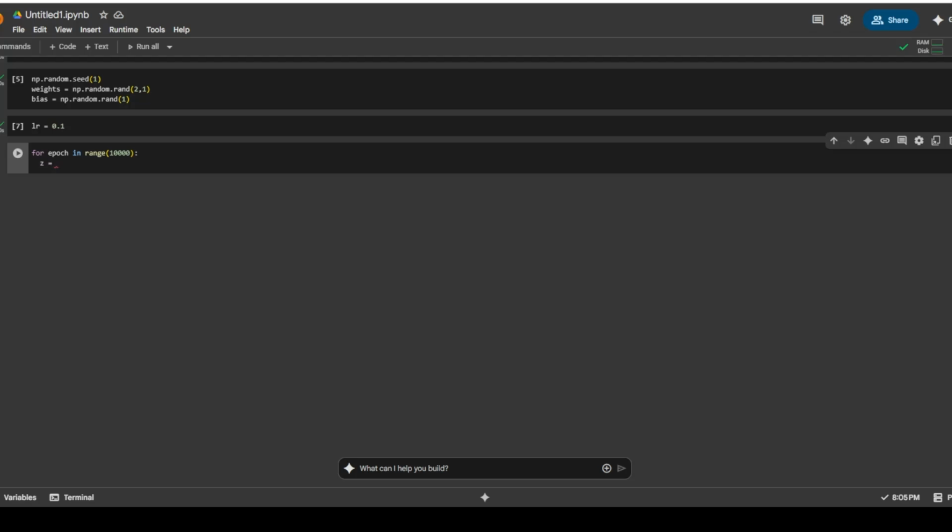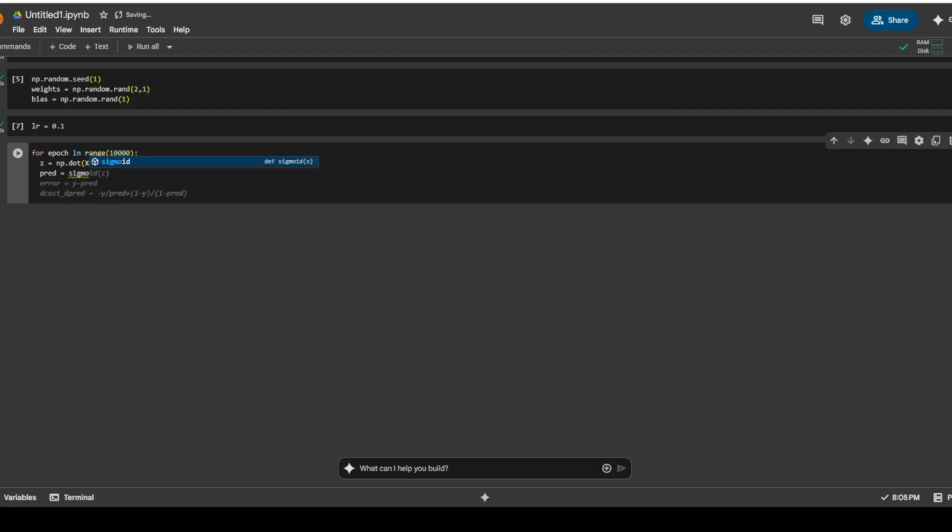The z will be equal to np.dot of the x and the weights, and we will be adding our bias here, and then we are going to predict, declaring the prediction here, as sigmoid of our z.